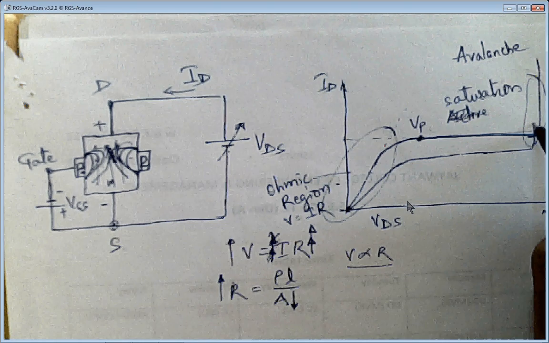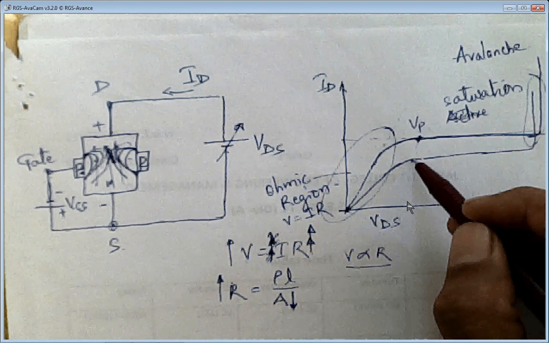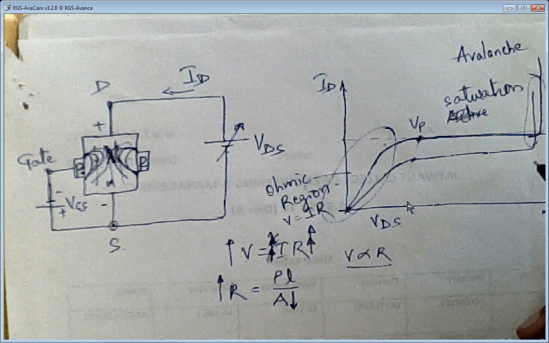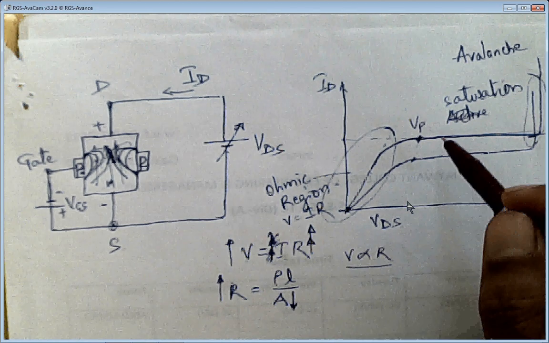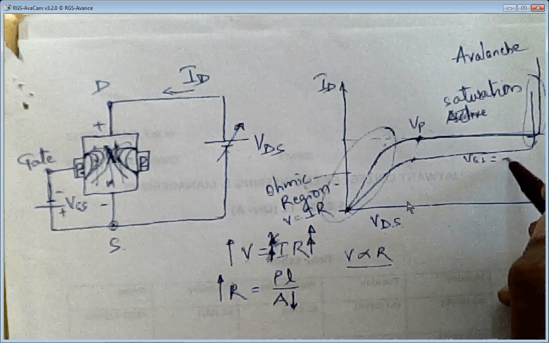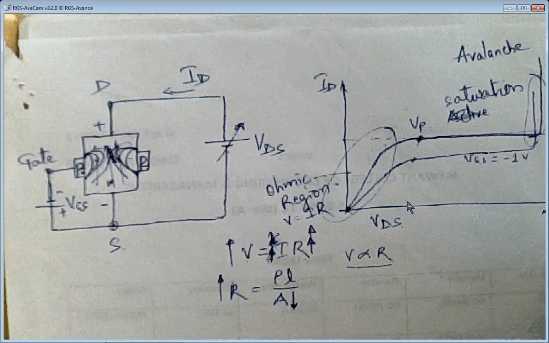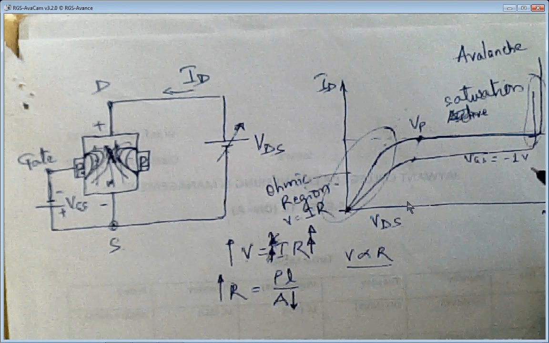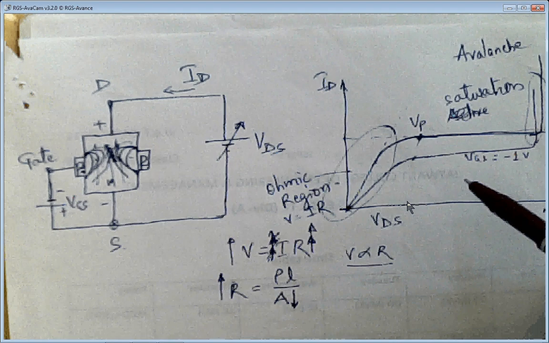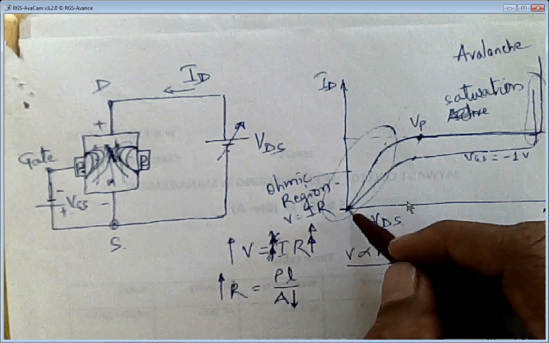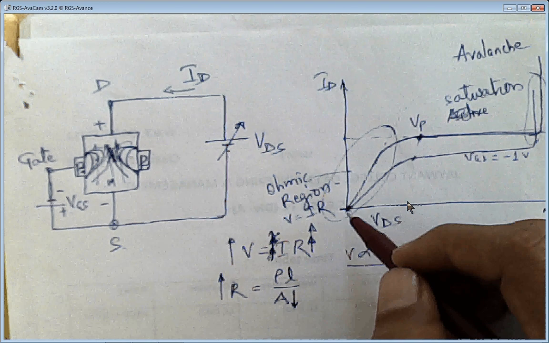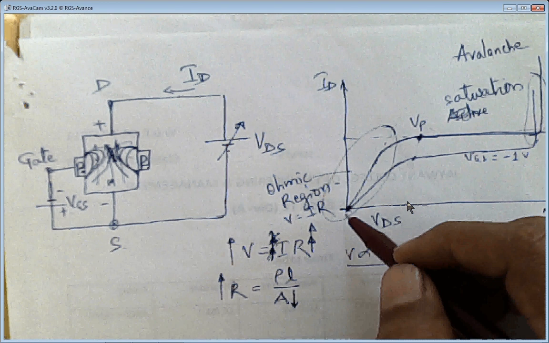After this point, that is after the pinch-off point, the only voltage change will increase the resistance. So this is about the graph where I have given a VGS value of minus 1 volt. Let us assume the third time we are changing this VGS to minus 2 volt and again repeating the same process. Initially there will be more depletion region, so less cross-section area and less current.